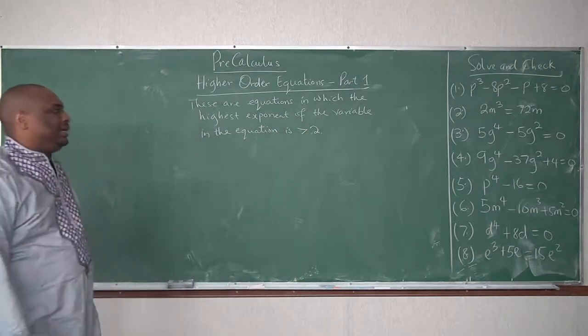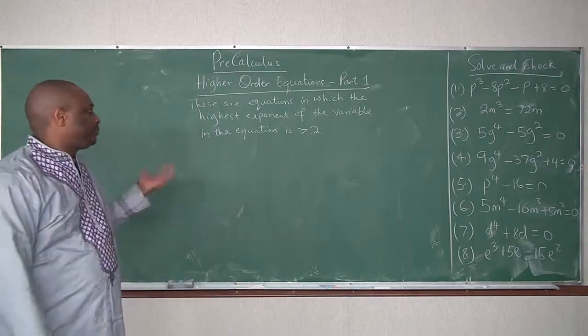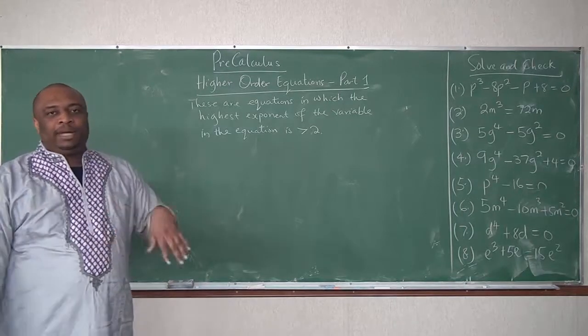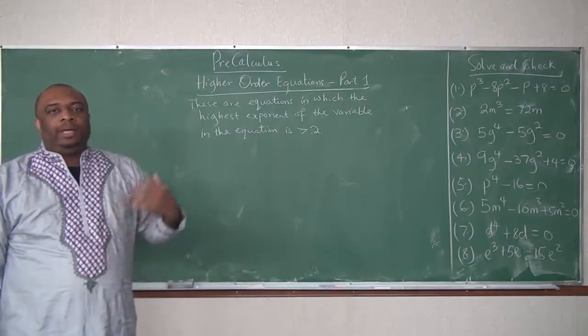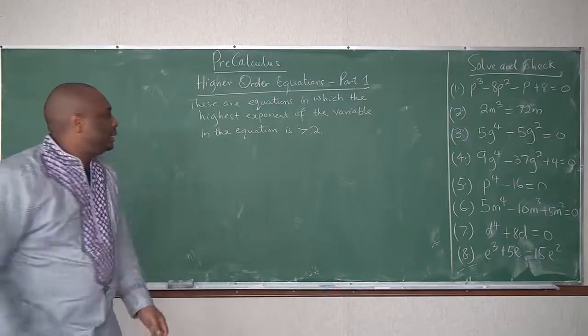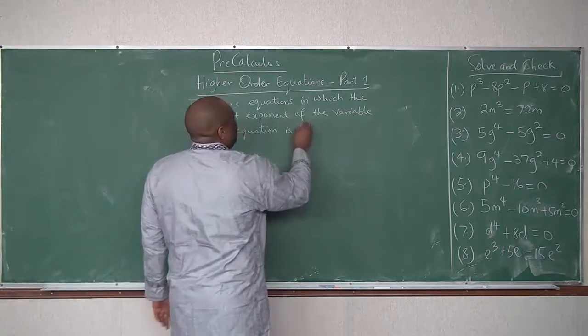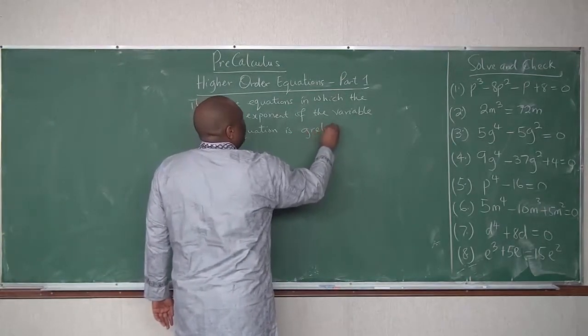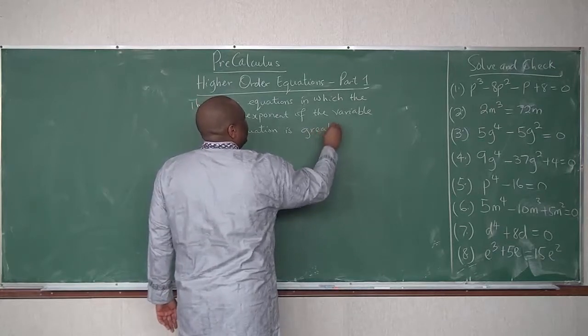You know, when the highest exponent is 1, it's linear. If it is 2, it is quadratic. You can say greater than 2 also.